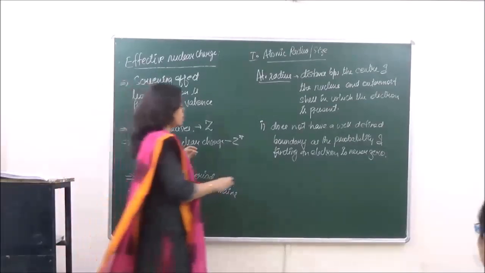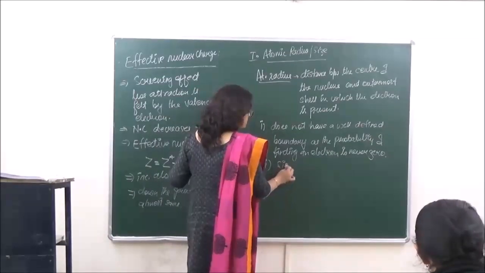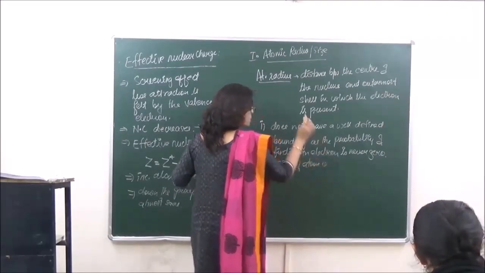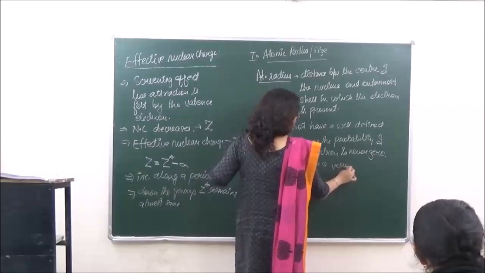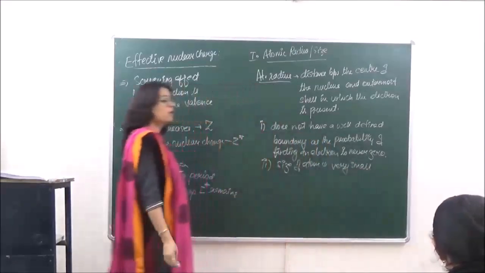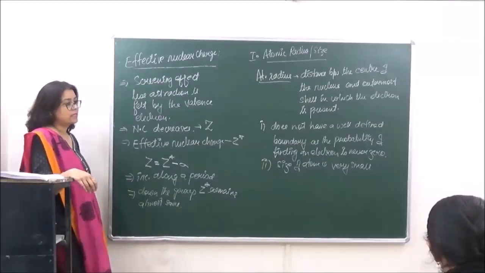Then the second point is that the size of an atom is very small, which makes it all the more difficult to isolate any atom and then measure the size.